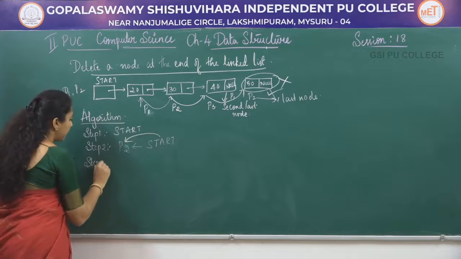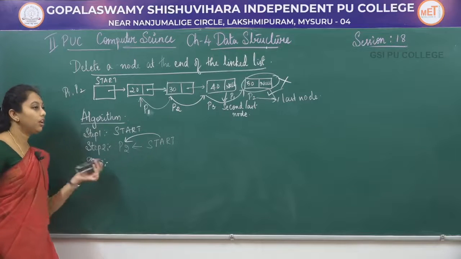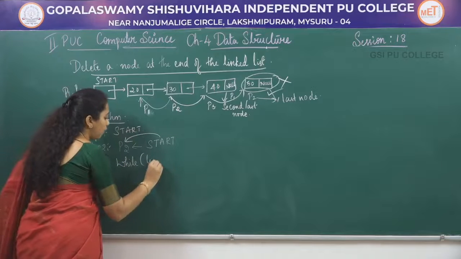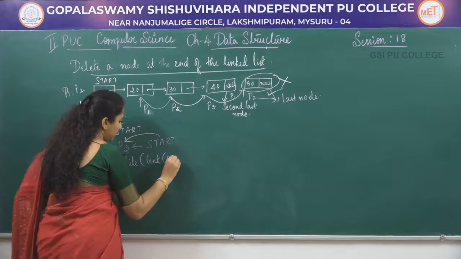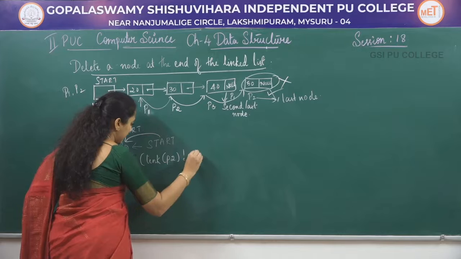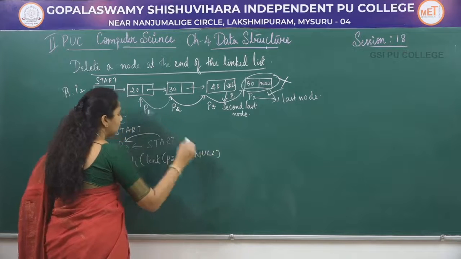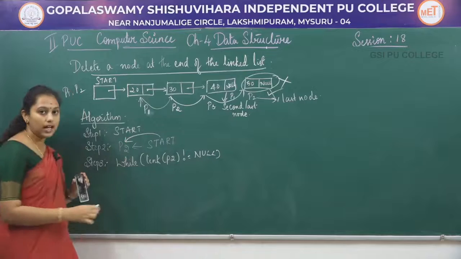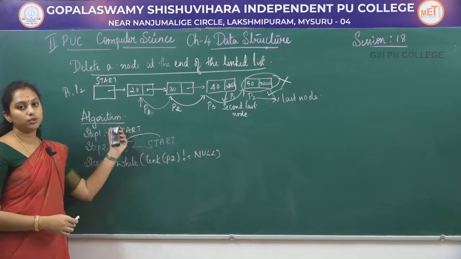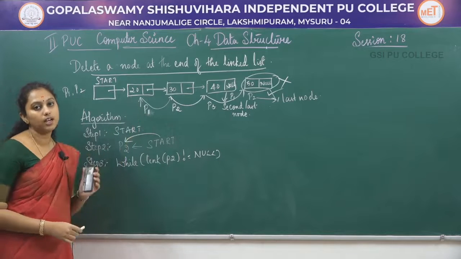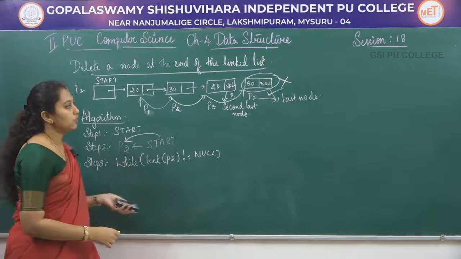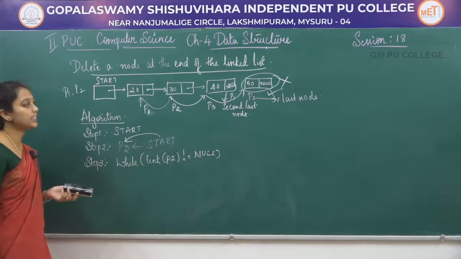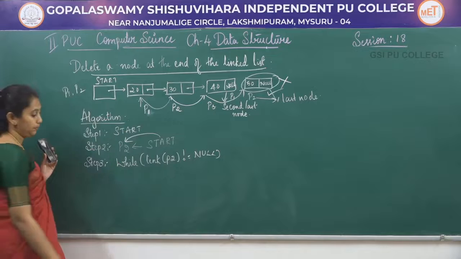In step 3, while link of P2 does not contain null, we are going to traverse all the nodes in the linked list until we get null as the value in the link field of any node.